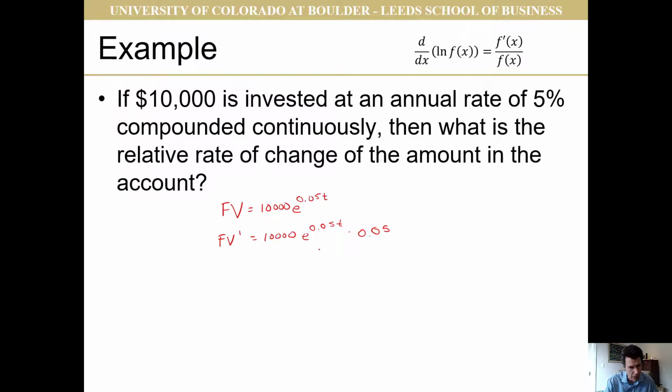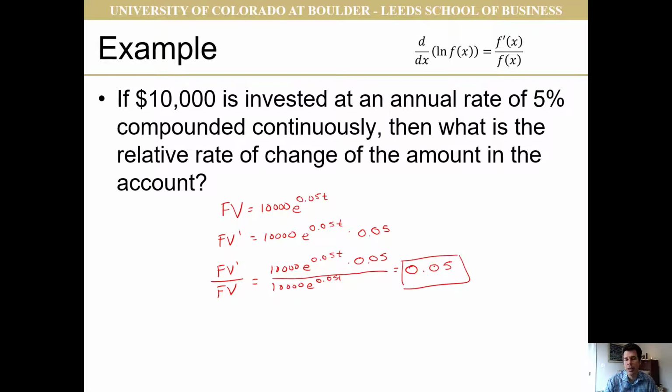Now, I'm not going to bother multiplying all these things together. So the derivative of the future value divided by the future value is 10,000 e to the 0.05 t times 0.05 divided by 10,000 e to the 0.05 t, which is simply 0.05.